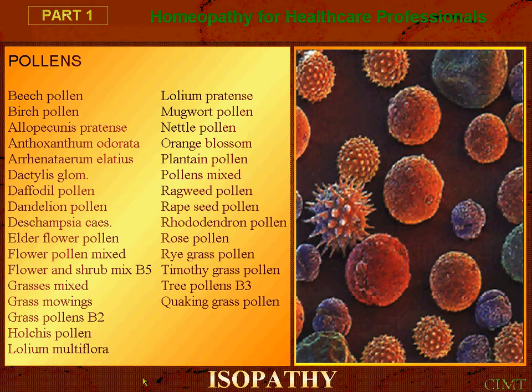You'll see that there are some there that are still in Latin name, but very often, if you're looking for isopathic agents, you'll be asking for them by their common name.